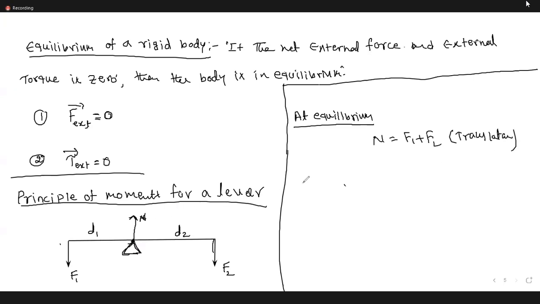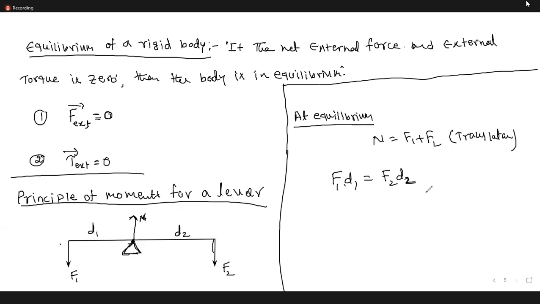In mechanical equilibrium, force times perpendicular distance must be equal on both sides.